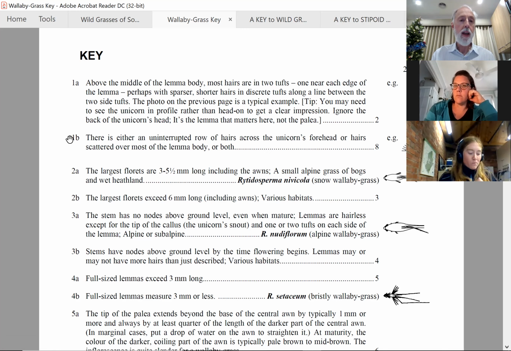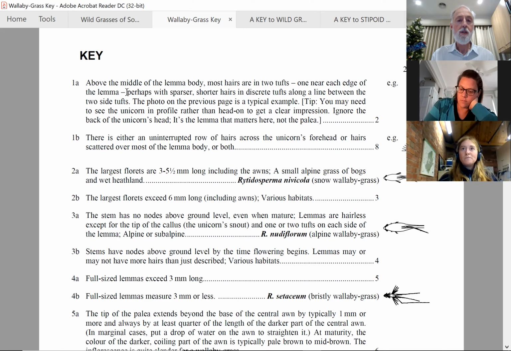So 1A and 1B form a couplet, and 1A is the first lead of the couplet, and 1B is the second lead. It's called a lead because it leads on at the end to the number of another couplet, and it contains text which, well, one and only one of the two leads in a couplet should be a perfect match for your specimen.